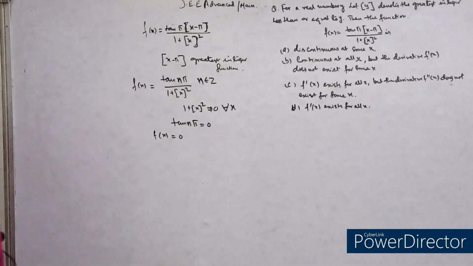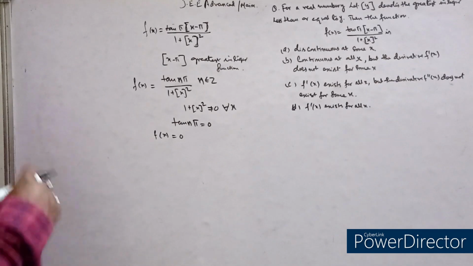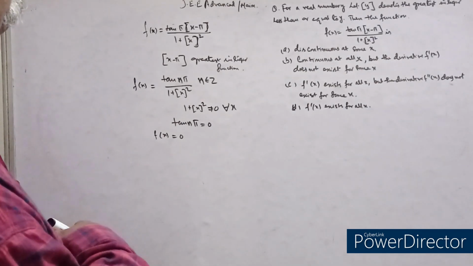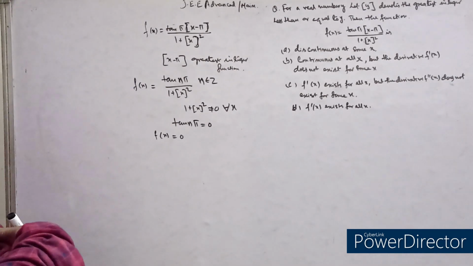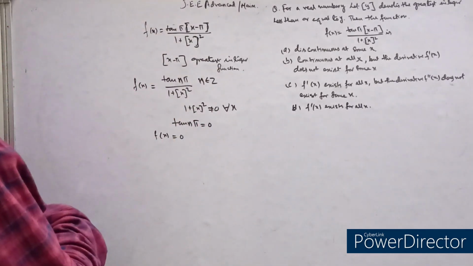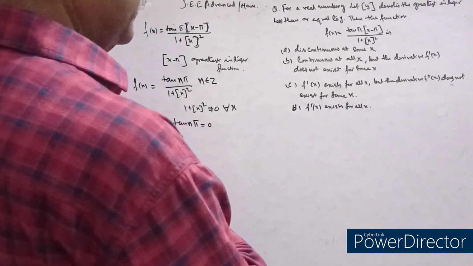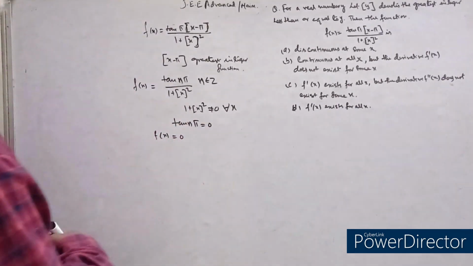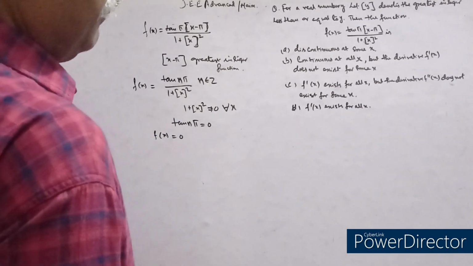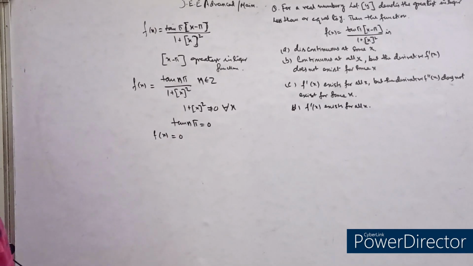So what is the result you get from here? f(x) is equal to tan(n pi). But here, is it discontinuous at some point x? No, because f(x) is 0. The result will be continuous at all x, but the derivative f dash x does not exist for some x, or f dash x exists for all x, but the derivative f double dash does not exist for some x.